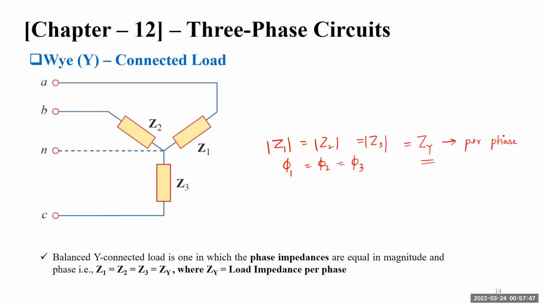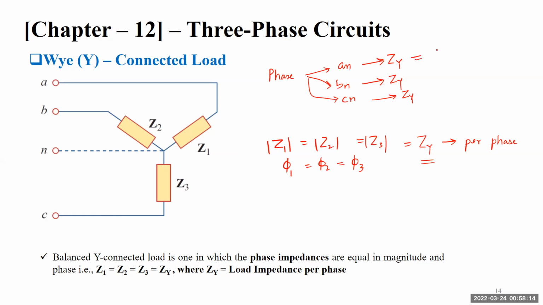If this is balanced, we have three phases: AN, BN, and CN. If these loads are balanced, we can write that this balanced load has an impedance of ZY per phase.